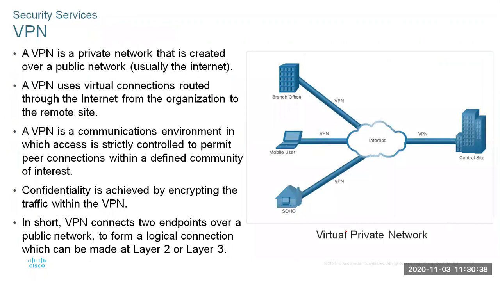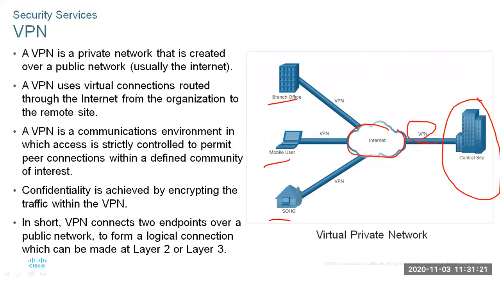Another service that can provide security is VPN. VPN is a virtual private network that is created over a public network. You have a particular resource in your central office, and you want to access this resource over the internet from a remote location, either from a branch office, from your house, or from your mobile. So the best way to do it is using a VPN.